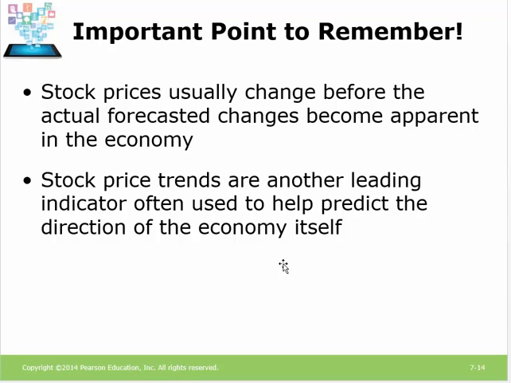Again, stock prices usually change before the forecasted changes become apparent to us. Sometimes we see stock prices change, and it might take a month or 2 months until there's actually some evidence that the market has changed. There are lots of indicators that show us pictures.